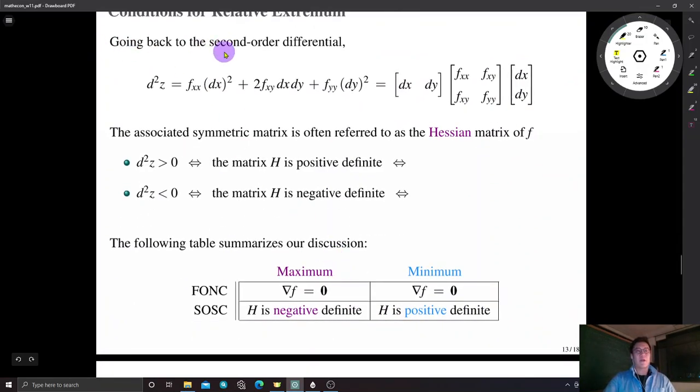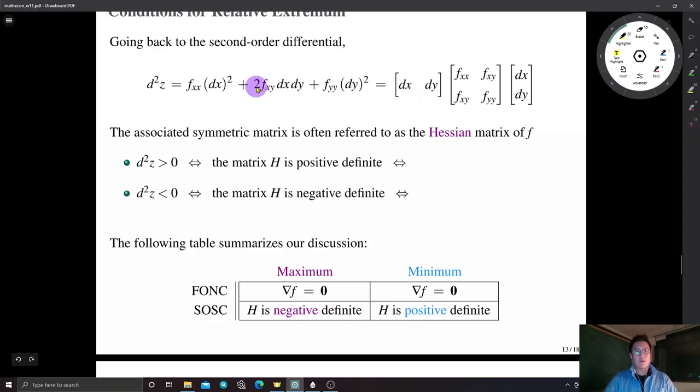So finally, we go back to the second order differential. It has this expression, a quadratic form. So in terms of matrices, we can rewrite this as this. Okay? The dx squared coefficient comes first. And then the dy squared coefficient, f sub yy, comes last.